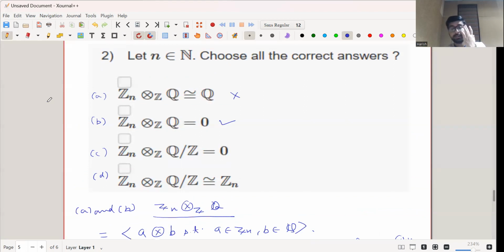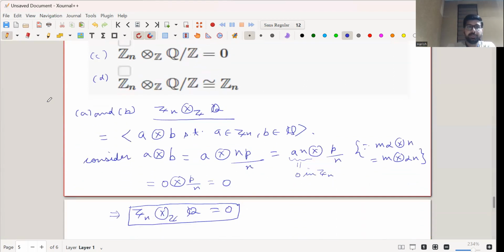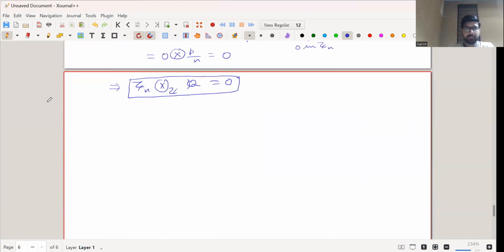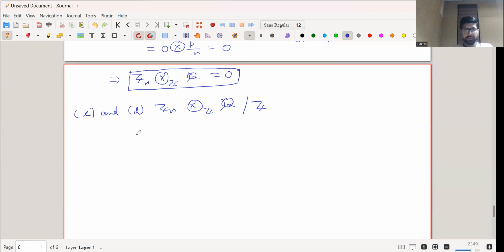Now the second part we will see: Zn tensor with Q modulo Z. It's again generated by elements of the form A tensor B. So we have to consider this.